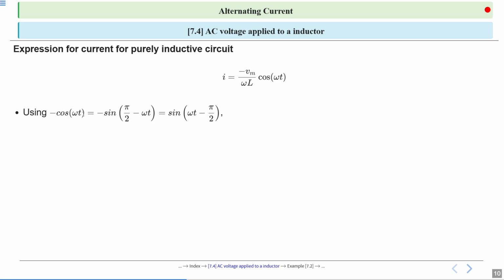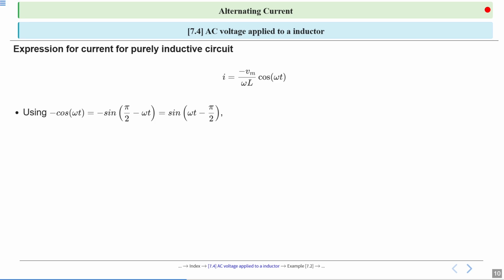Okay, so minus cos omega t will be equal to minus sin pi by 2 minus omega t, and this negative sign will go inside the angle. We know that sin minus theta is equal to minus sin theta, but cos minus theta is equal to cos theta.